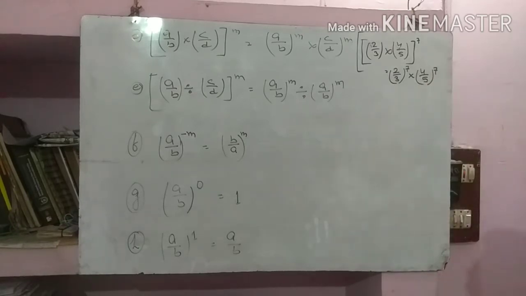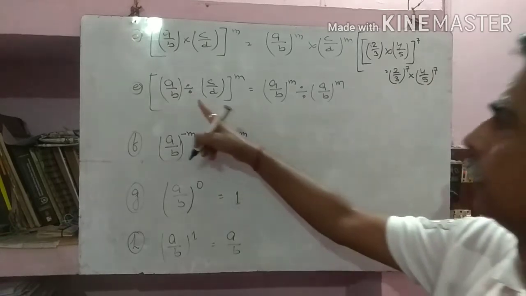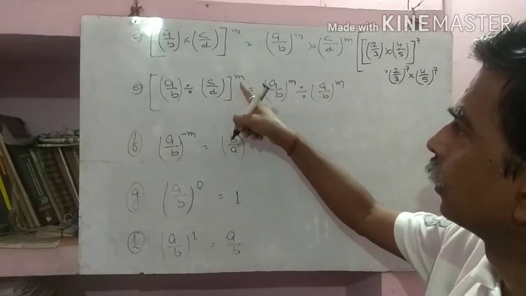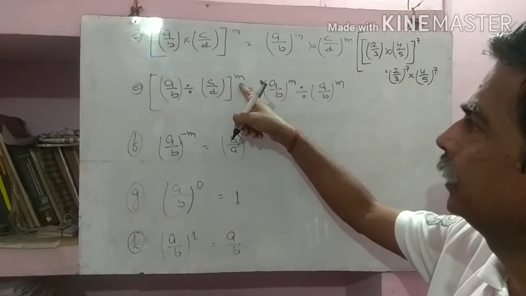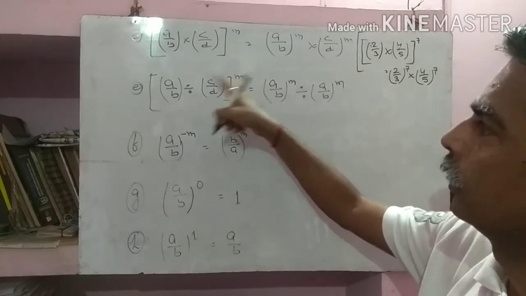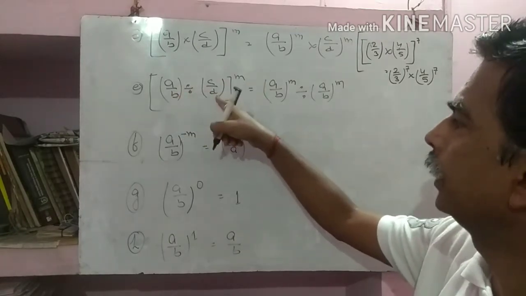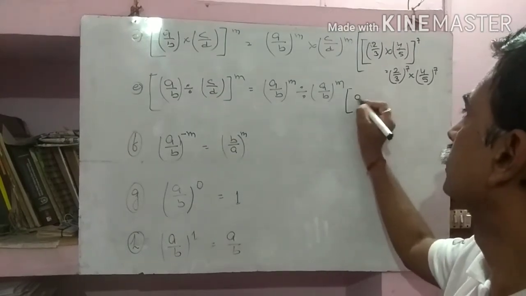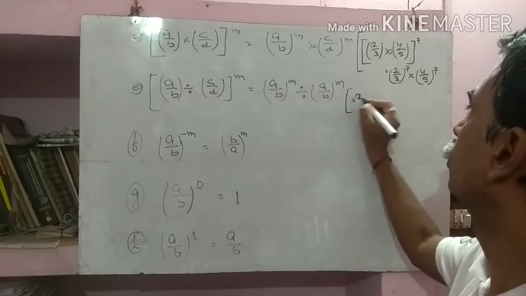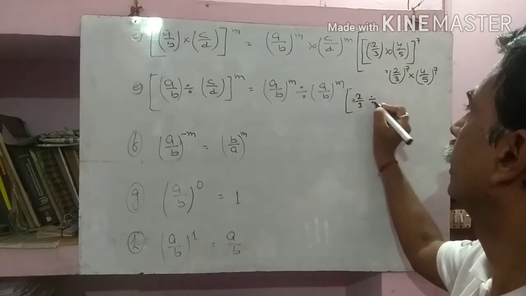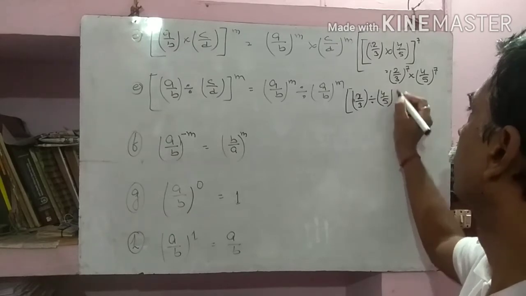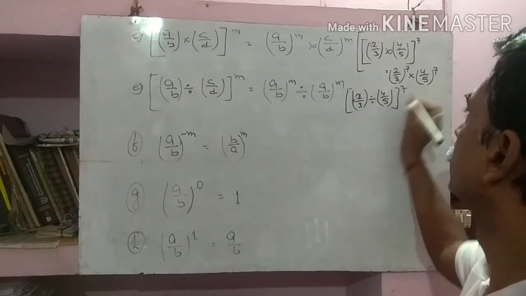Okay. For the case of division, as given, the whole to the power m means m is the power of a/b and c/d individually or separately. Suppose the value of (2/3 ÷ 4/5) whole to the power 7.